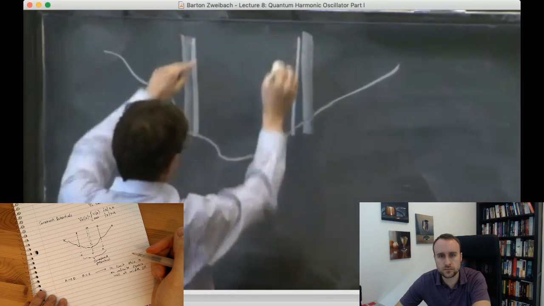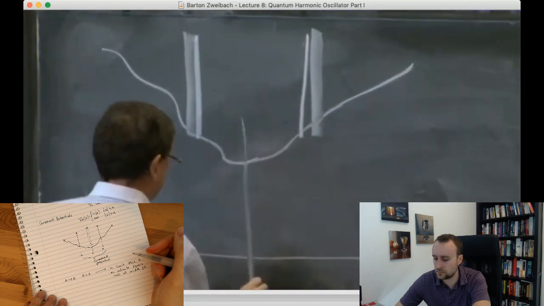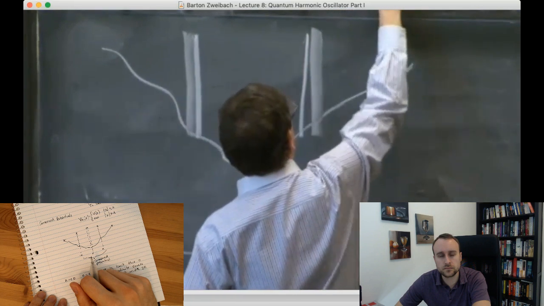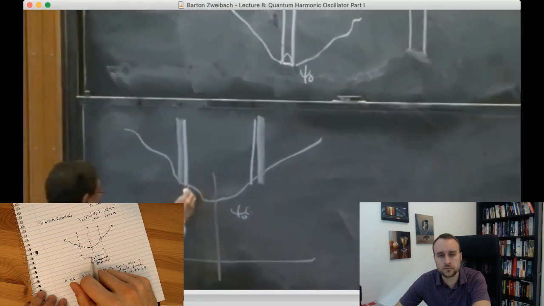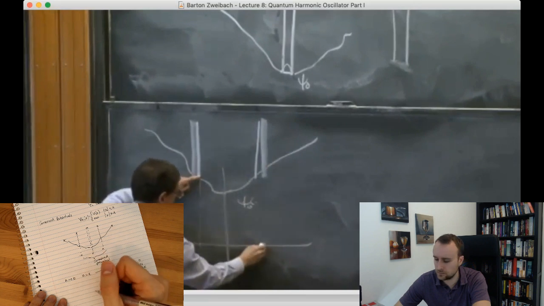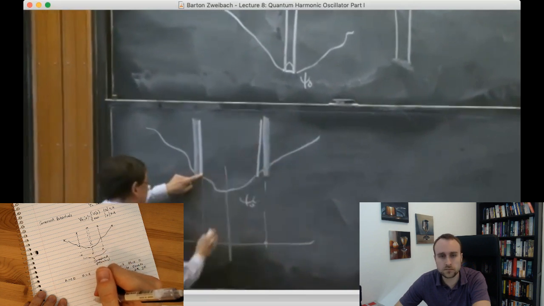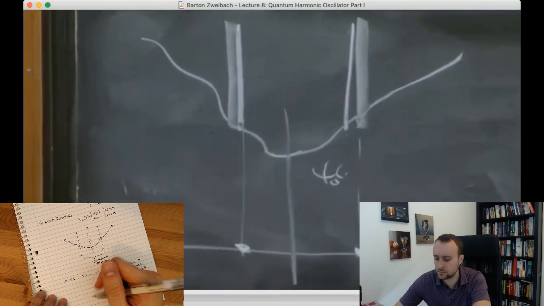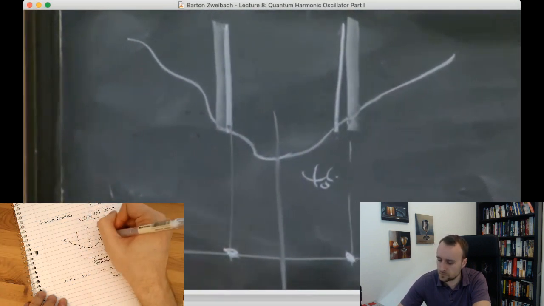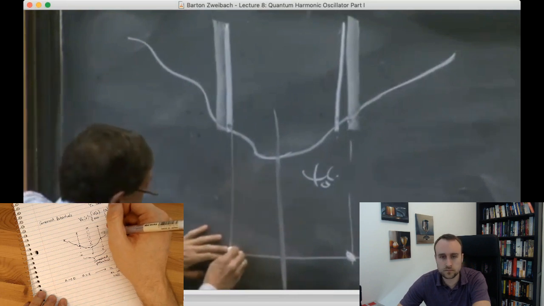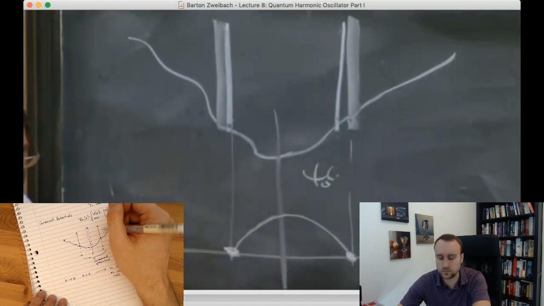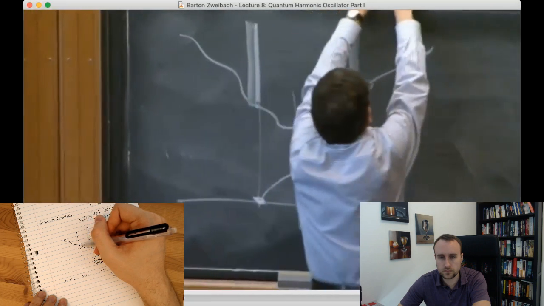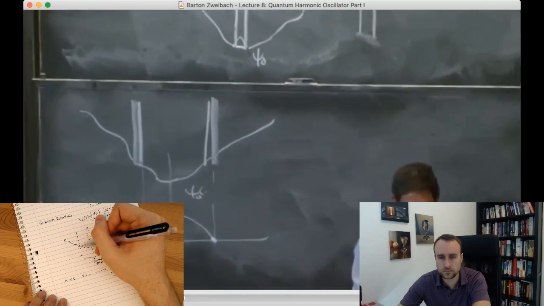Here's the potential, and I look at the wave function, psi 0, the ground state. Since the potential becomes infinite out here, the wave function still must vanish here and here. At this stage, it still more or less looks like this. Maybe.